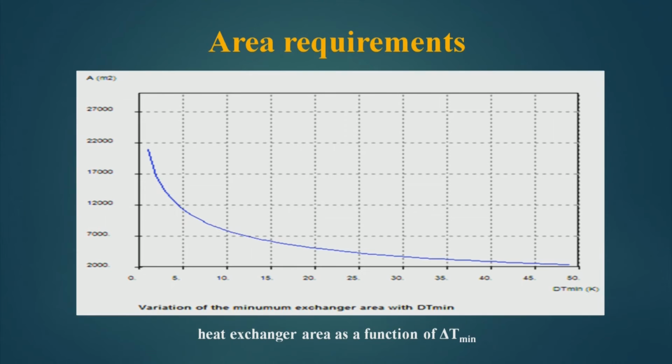Now, if we see for the given problem, what happens when the delta T minimum is increased? We see that when the delta T minimum is low, the area is high, and when delta T minimum increases, the area decreases, and then slowly it goes to touch the 0 line when delta T minimum will be maybe infinite.